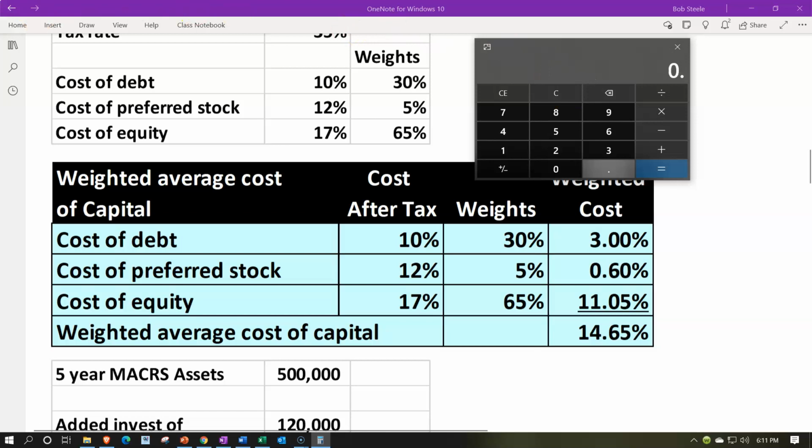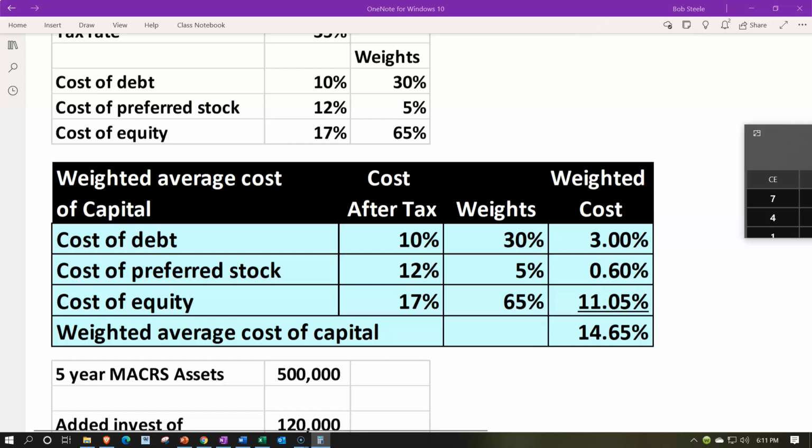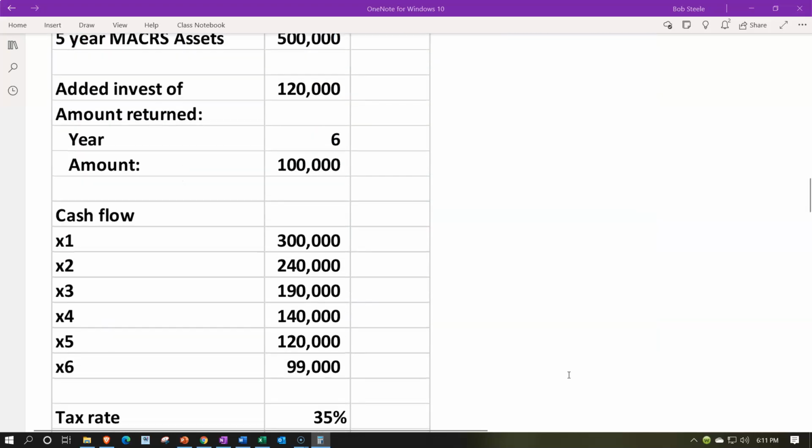And if we take the 0.17 times the 0.65, we get 0.1105 or 11.05%. Adding those up, the 3, the 0.6, and the 11.05, we get the 14.65 weighted average cost of capital. That's going to be the discount rate that we'll use when we do our present value calculations.